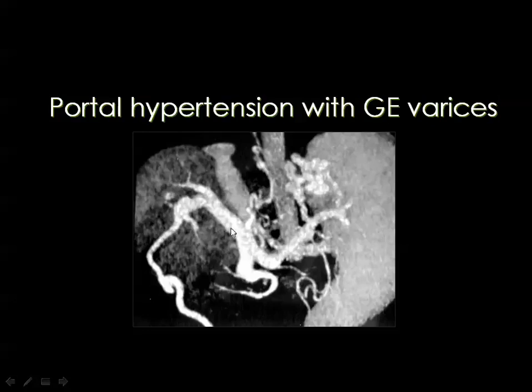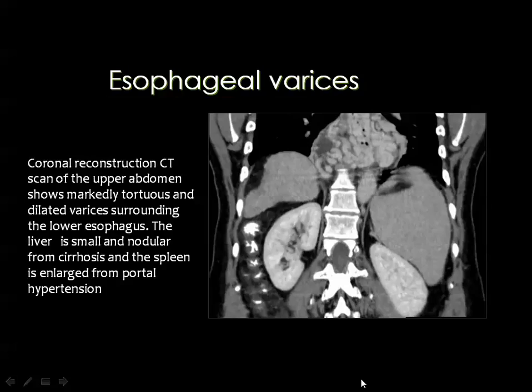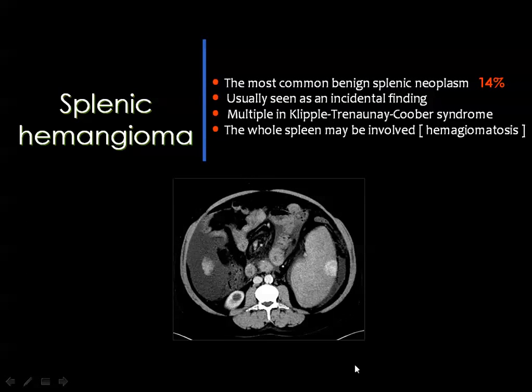You see the portal vein is slightly dilated, and there are some portosystemic collaterals at the gastroesophageal junction. And this is the coronal reformatted image of the CT at the thoraco-abdominal junction, and you see extensive dilated collateral venous channels at the gastroesophageal junction, representing a severe case of esophageal varices.